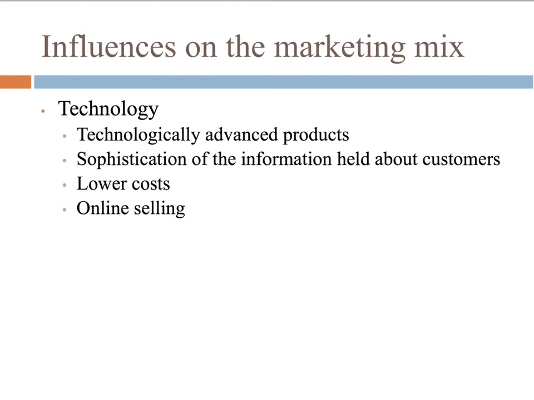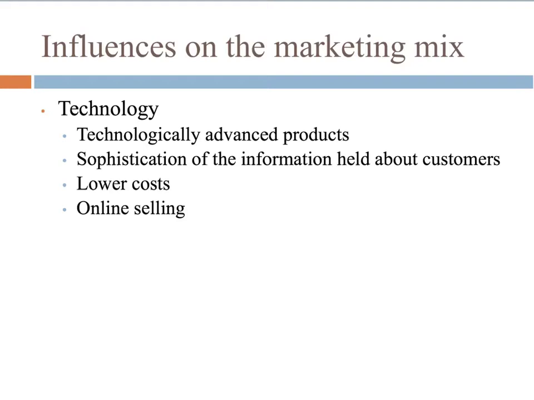So technologically advanced products such as the new iPhone, for instance, require much less effort in terms of promotion, as the product themselves and word of mouth help to sell them. So people know that the latest iPhone has different features to less technologically advanced products, so people talk about that rather than other products. So perhaps we don't have to spend as much on promotion.